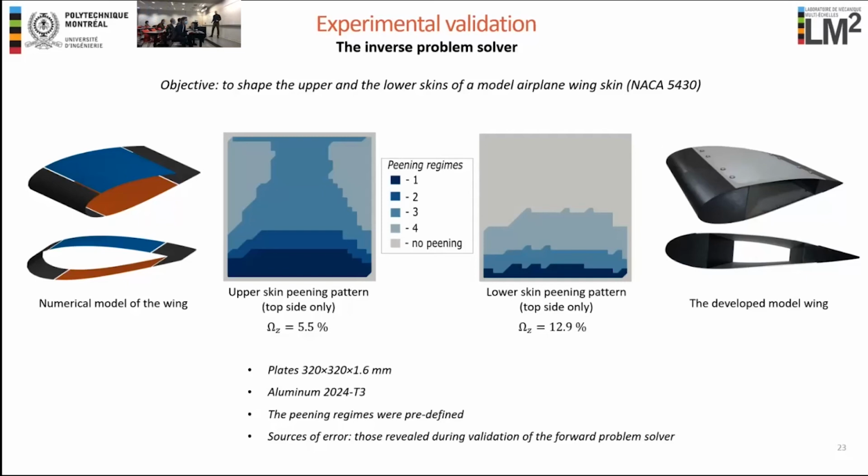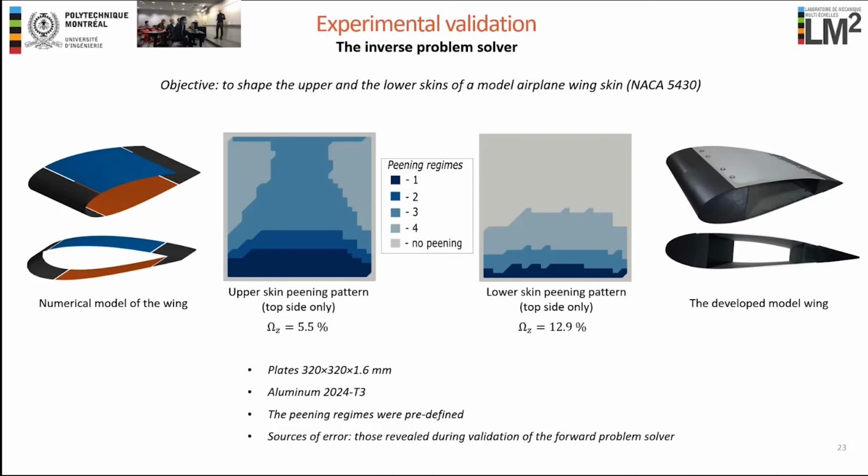So we generated the 2 peening patterns, which implied multiple peening regimes this time, and we applied it on the plates of the same size, 32 by 32 centimeters, but this time made of aluminum 2024 Q3. And then we compared the developed shapes with the results of the simulation.